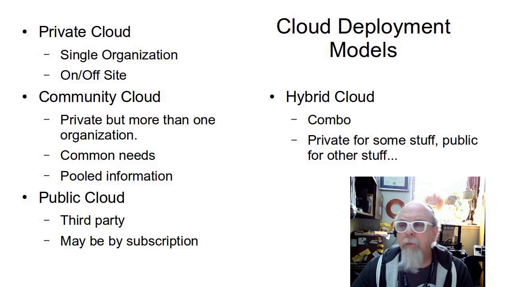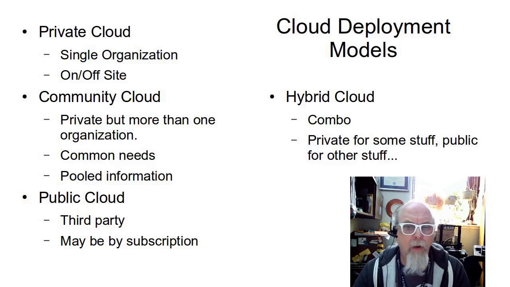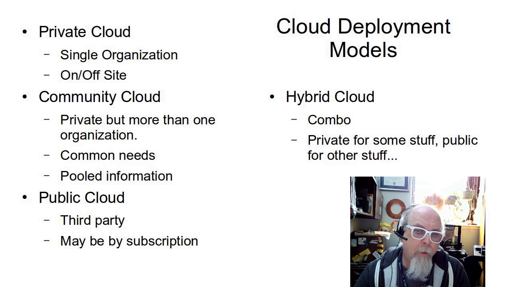Now that we've talked about different kinds of ways to use the cloud, I want to talk about the different deployment models. For instance, a private cloud. A cloud doesn't have to belong to somebody else. You can build your own cloud, prop your own server up, have your own internet connection or your own network connections, and it could be on your corporate site, it could be off-site.